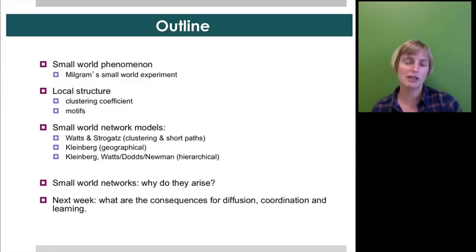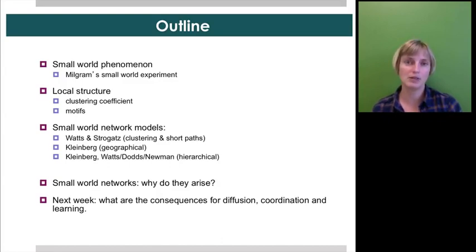I'm going to then present some models, the very famous small world model by Watts and Strogatz that reconciles networks having clustering and at the same time having short path lengths. And then we're going to look at a few other small world models having to do with geography or having to do with hierarchical groups.